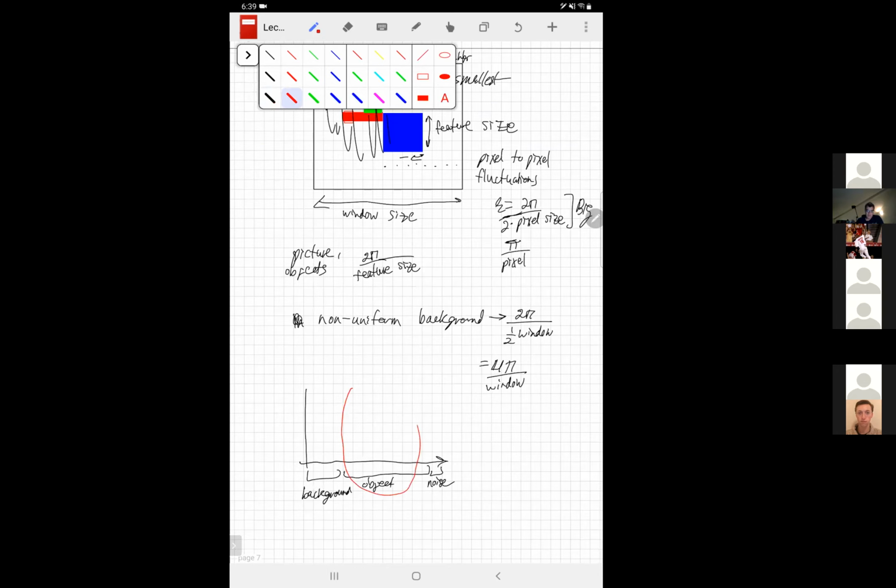What we care about is the object. So the Goldilocks frequencies, not too high so that they're noise, not too low so that they're background, but just right. Those are the image frequencies. And that is why people care about modulation transfer functions.